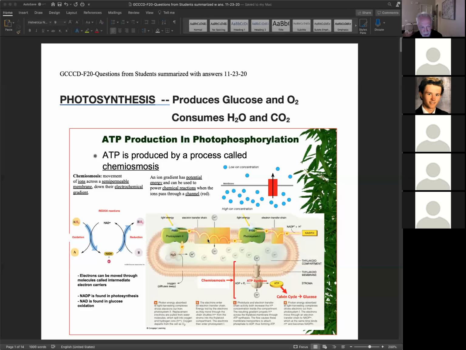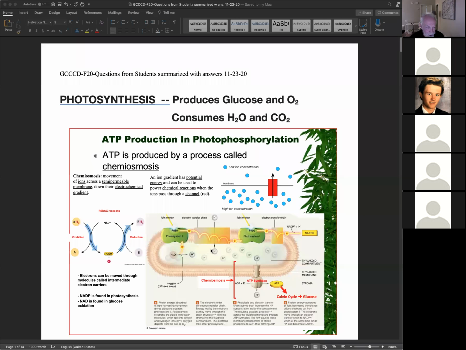So that's why it goes downhill, because the electrons are becoming less energetic as they go because they're losing energy. And then we go to photosystem 1, and again, a photon of light comes in, re-energizes electrons, and they go into another electron transport chain. So again, you have the recycling, and out of that comes NADPH, which is then used later.